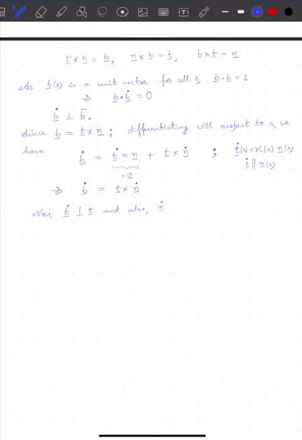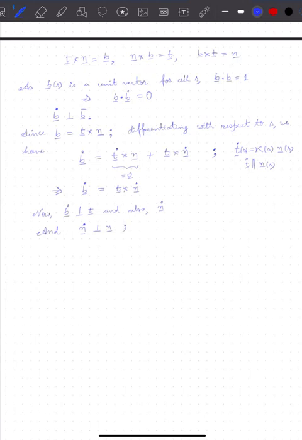It's going to be perpendicular to both. And also the N dot vector is perpendicular to N, and that's by design, isn't it? It has to be perpendicular.